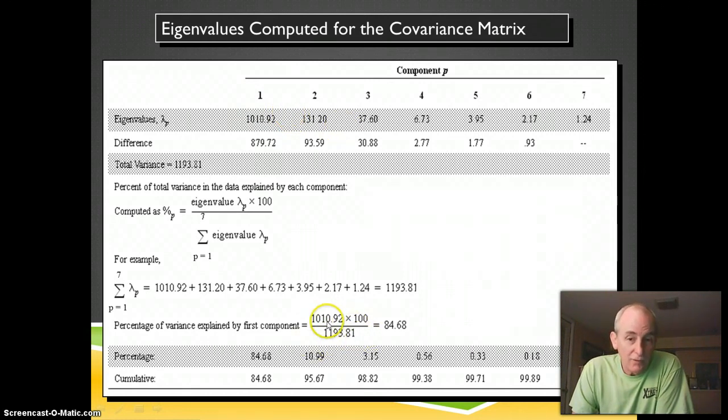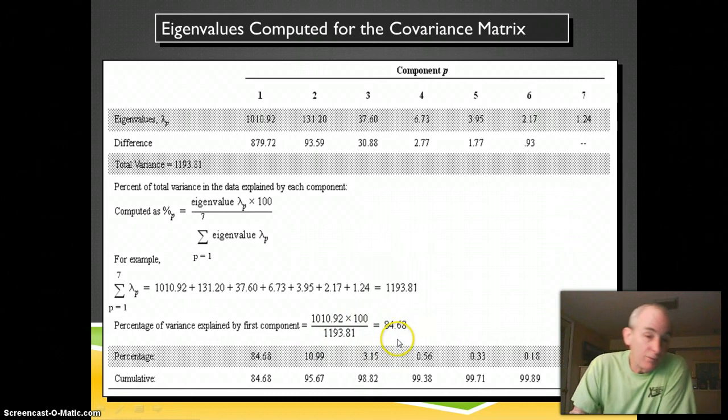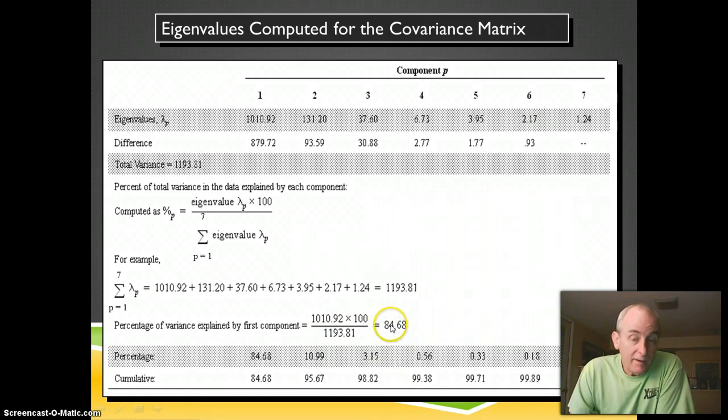Here is the variance accounted for by the first eigenvalue, or the first principal component, and the percentage of the total variance accounted for is almost 85% of the total variance in the data set just by the first component.